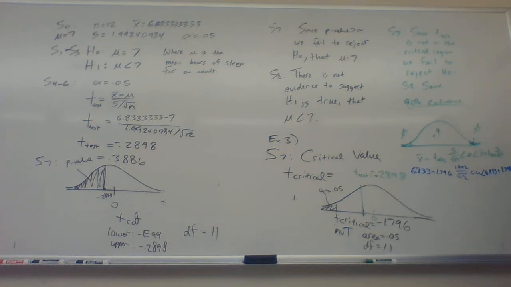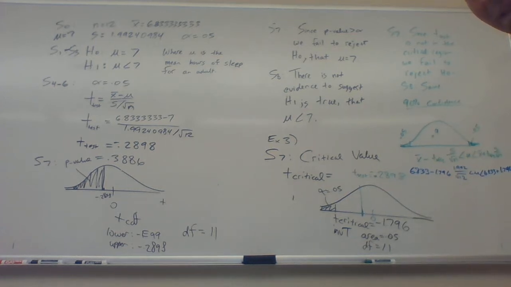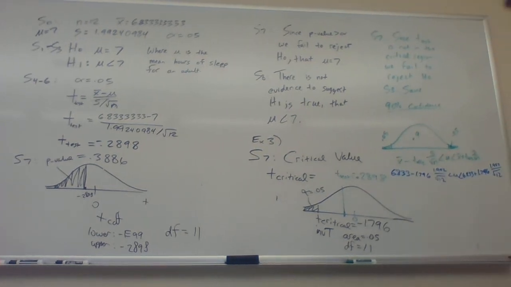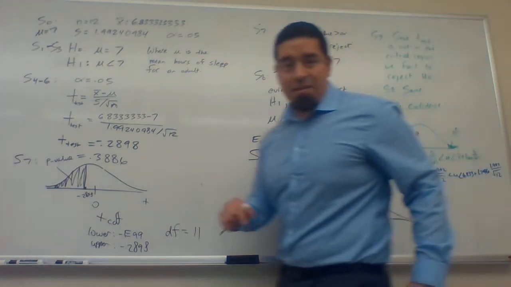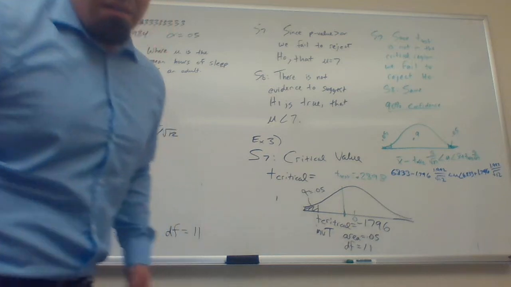If you can't see this part, I'm sorry. Here, I can fix that. There you go, I think you can see that. You should be able to type that into your calculator and we should get our confidence interval.